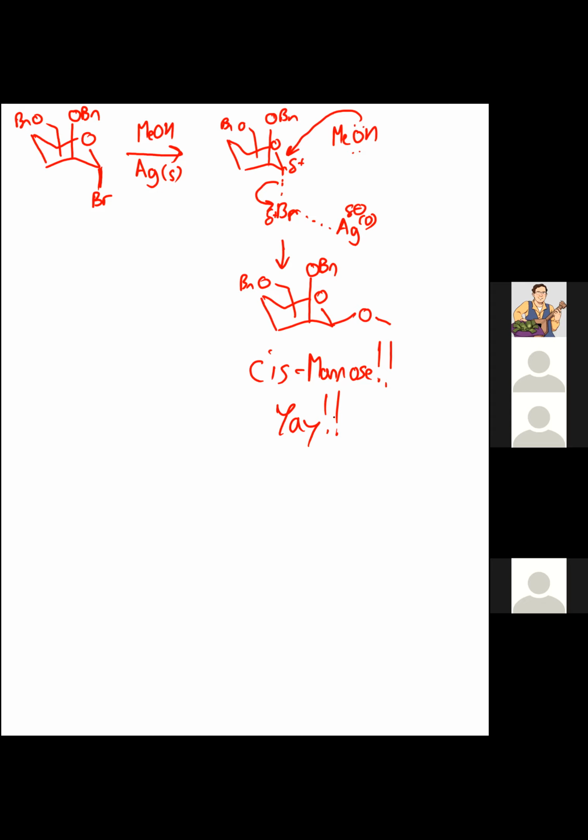And there's some Br minus floating around, and then silver 0 still. This works. This actually works really, really well.